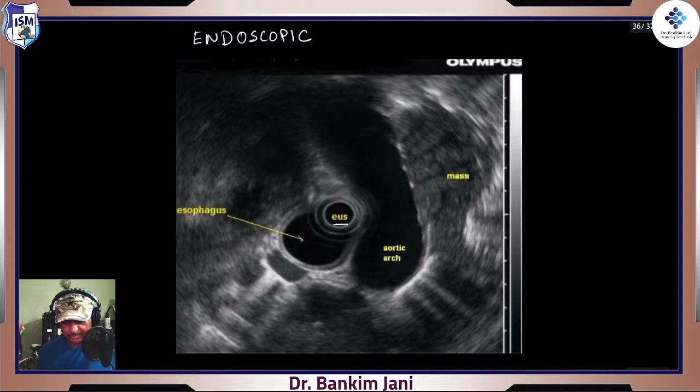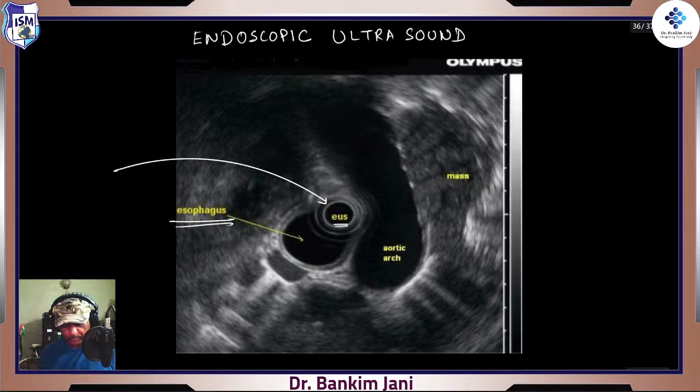So this is EUS, what is written is endoscopic ultrasound. To see this, the probe is inserted via the esophagus. So this is the esophagus, and that's what you are watching, right? That's the probe, so this probe is inserted via the esophagus, and then you are watching the rest of the structures.